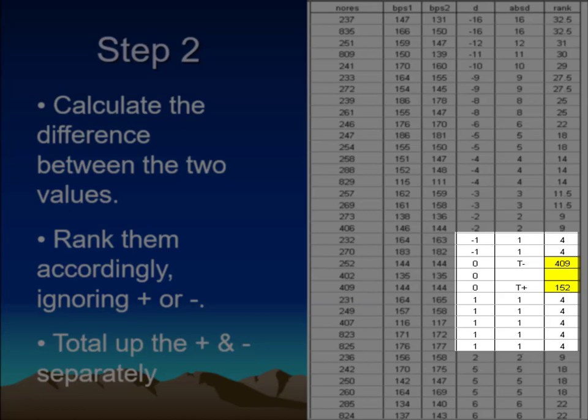So everybody gets 4. All 7 of those with the value of 1 get a ranking of 4. They get the average.